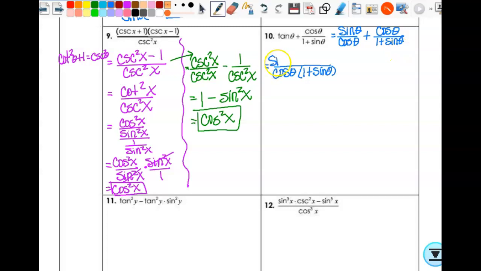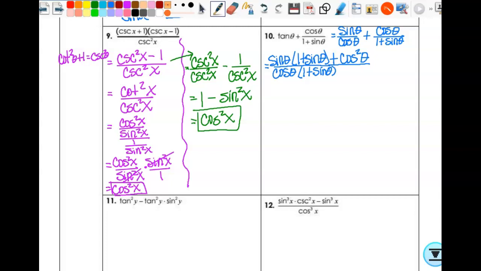So this will be sine theta times 1 plus sine theta, plus, then this one has to be multiplied by cosine over cosine, so this will be cosine squared theta. Okay. Any questions about where anything came from?